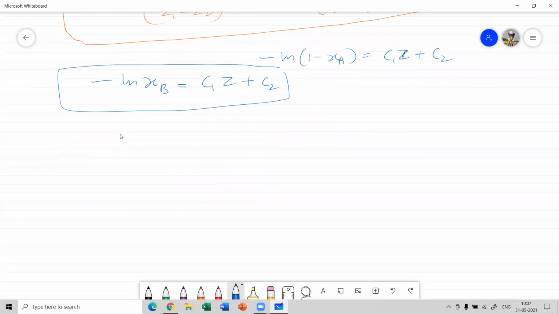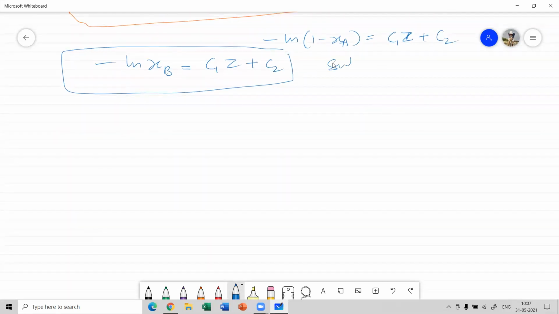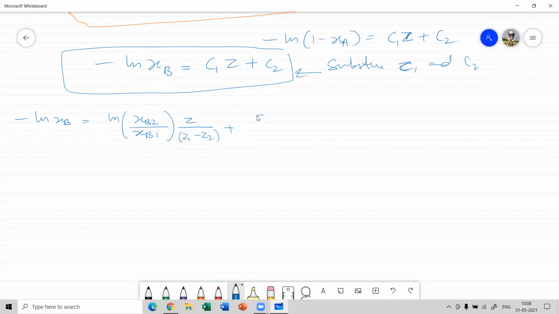Upon substituting, we have minus ln x_B equal to ln(x_B2 over x_B1) times z over (z1 minus z2), plus z2 over (z1 minus z2) ln x_B1 minus z1 over (z1 minus z2) ln x_B2.